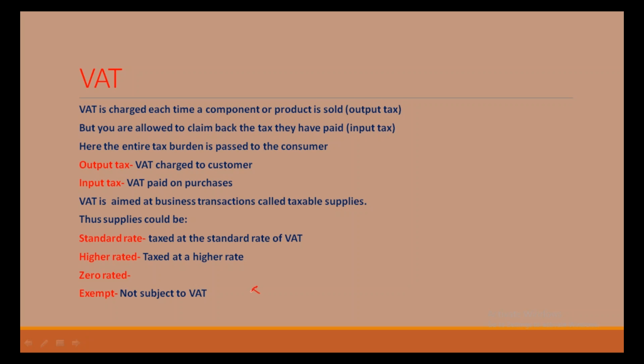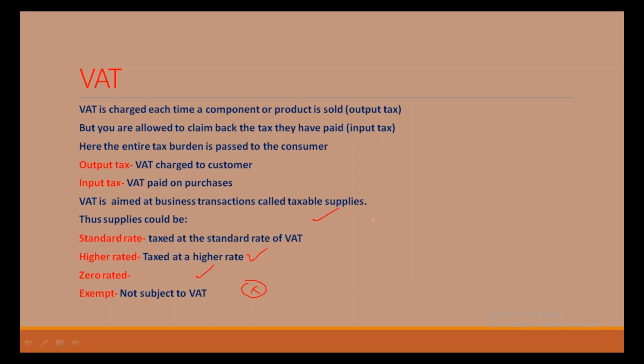Here nothing can be claimed, because since your product is exempted, you can't claim any taxes you have paid. Zero rate, even though you don't need to pay taxes, whatever input taxes you have paid, you can claim. Higher rate, you can claim all your input tax. Standard rate, you can claim all your input tax.